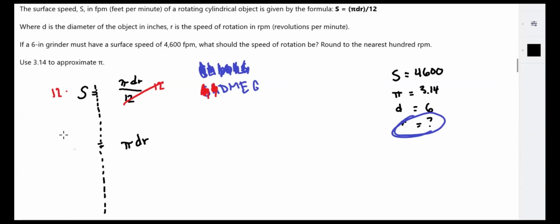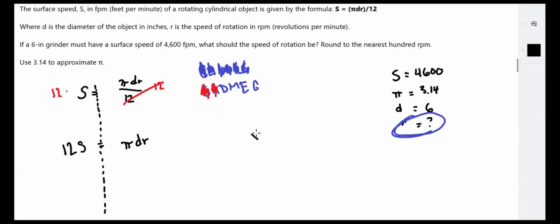Over here on the left, I have 12 times s. Again, we're kind of ignoring what these are, and we're pretending we don't know what s is. So since I don't know what s is, all I can really do is just smoosh those together. 12s, and this implies that they're being multiplied. You can keep the dot there if you'd like to. You could use parentheses if you felt like it.